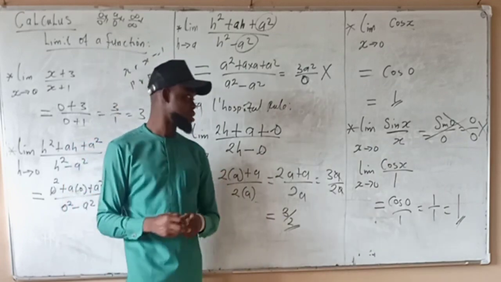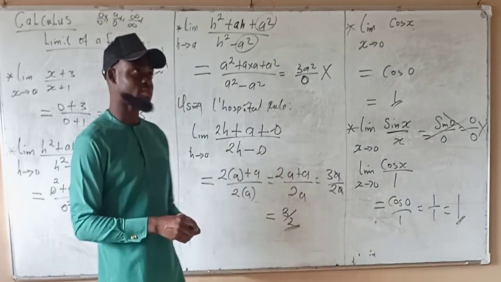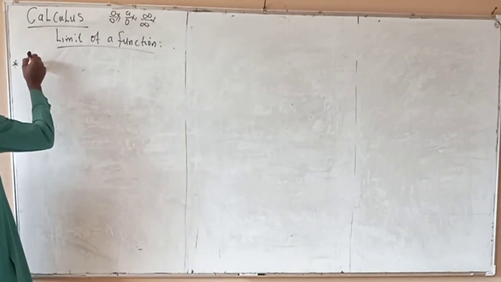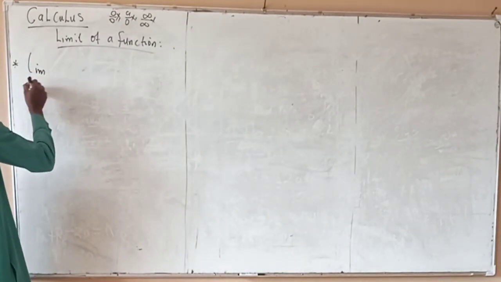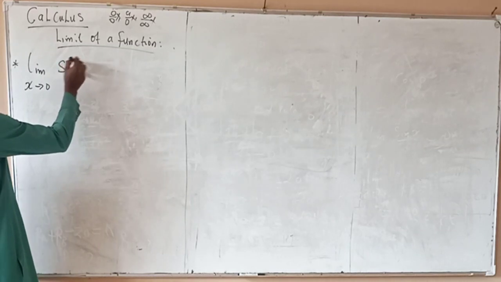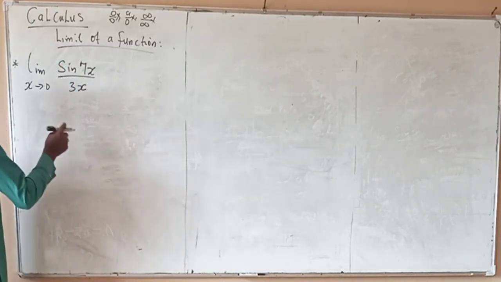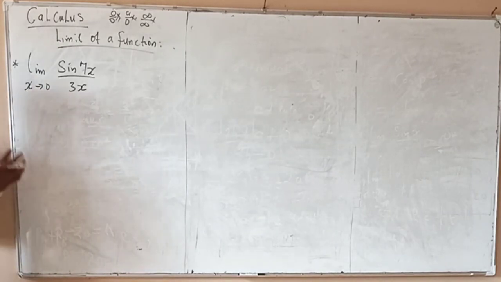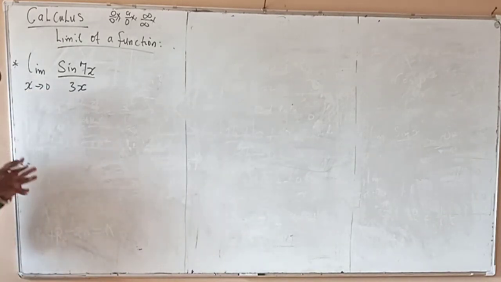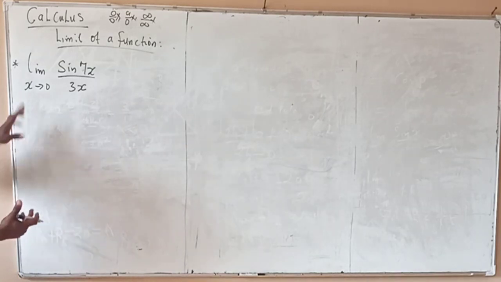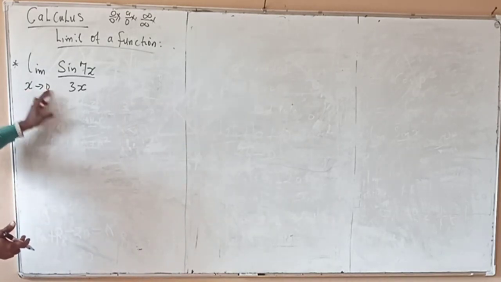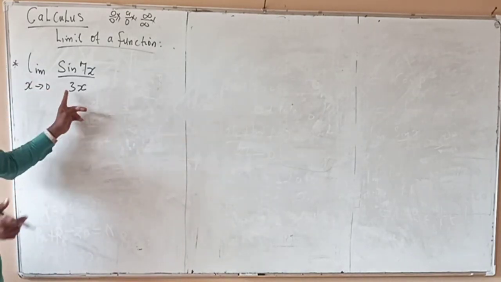So let's look at another question now. We have the limit as x approaches 0 of sin 7x over 3x. Remember, the first thing is to analyze. There's no need to write the question out again or check. I'll just put 0 in and check if the denominator will be 0.